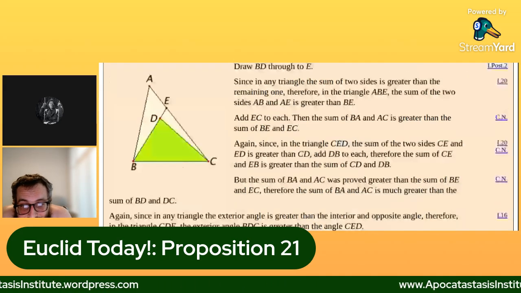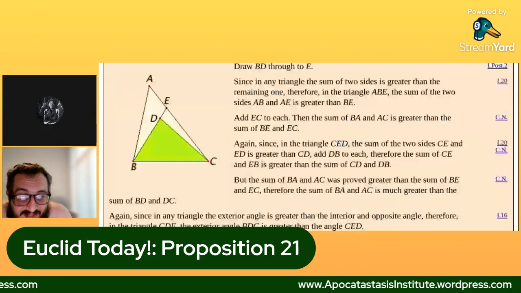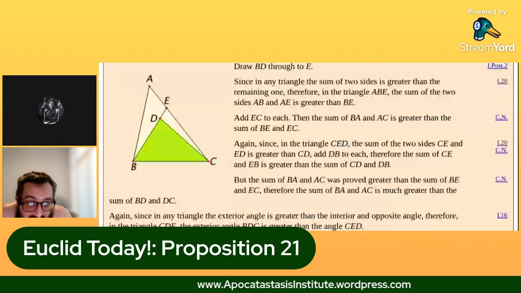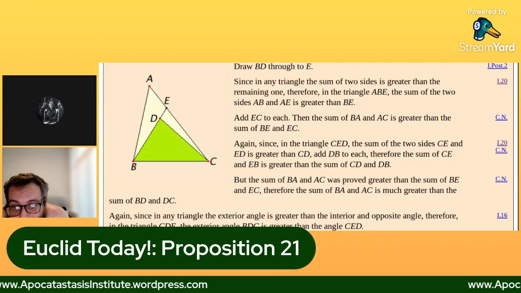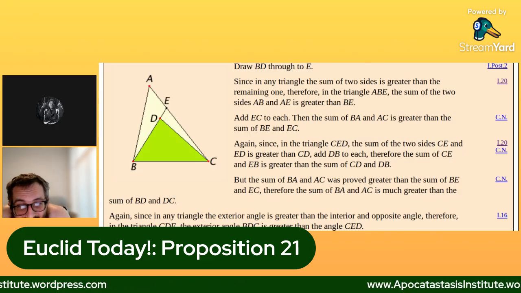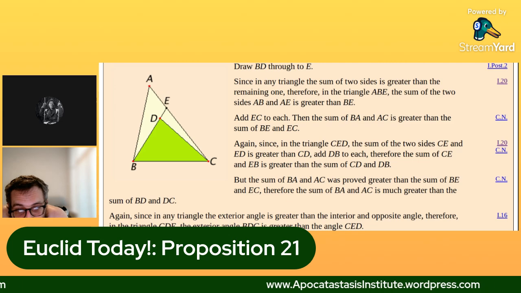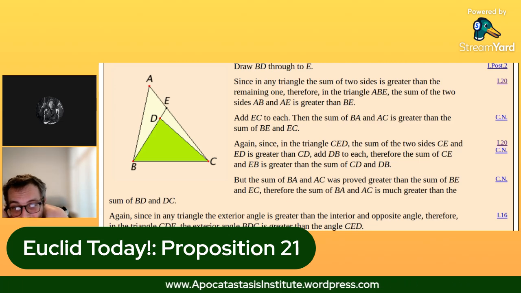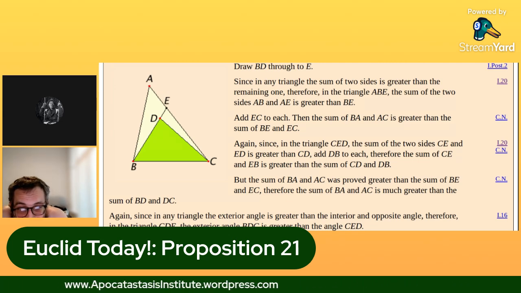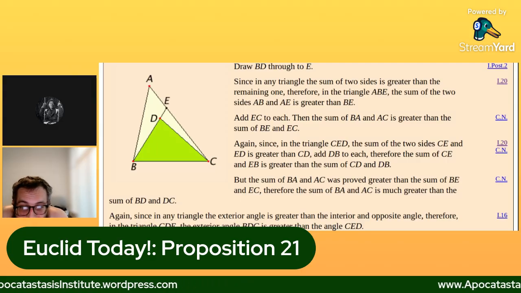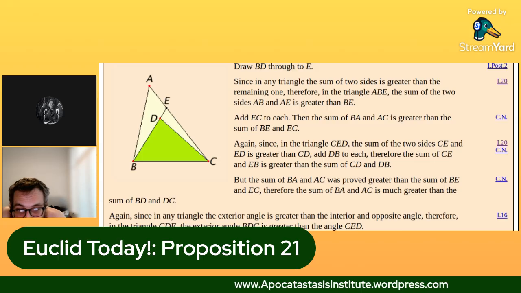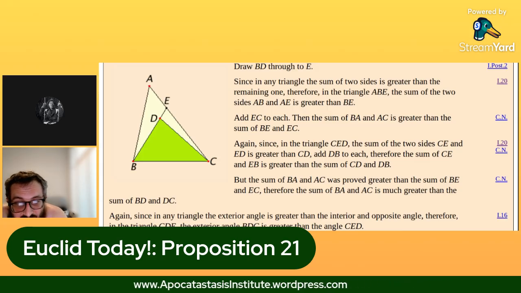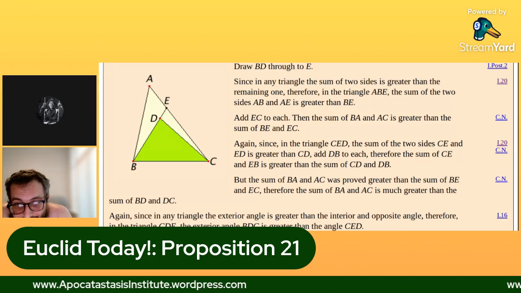So BE is less than the sum of BA and AE. We go ahead and add EC to each. Then the sum of BA and AC is greater than the sum of BE and EC. We're just extending the same idea.